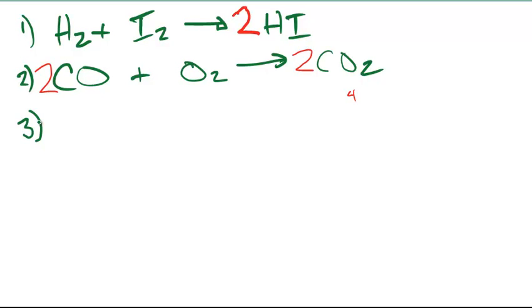So again, elemental sodium plus water reacts to form sodium hydroxide and hydrogen gas, or molecular hydrogen. See if you can write that equation down. Meanwhile, I'll be erasing over here.